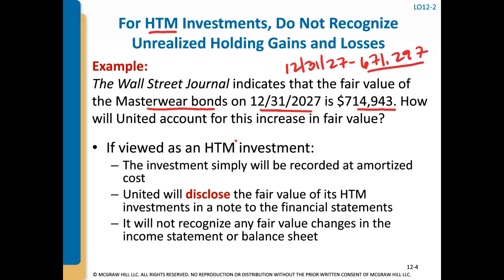And that's what it is on our balance sheet. What this is telling you is that on the open market, this bond is worth $714,000. So obviously there's been a huge gain for whatever reason. So the question is, do we record this gain in any kind of way?